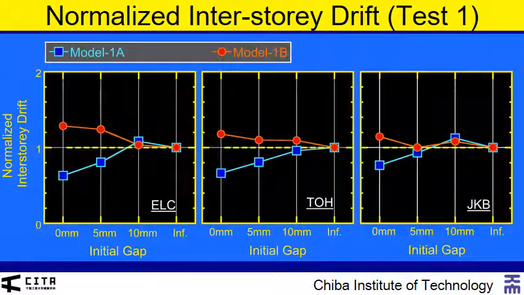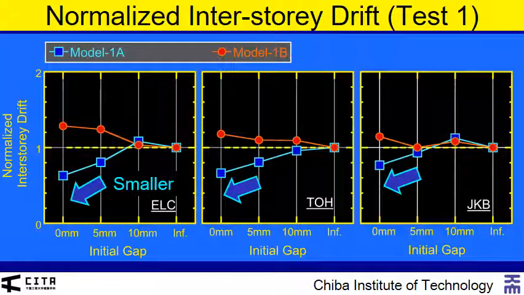This figure shows a normalized inter-storey drift in test 1. The normalized inter-storey drift is defined as a ratio of the peak inter-storey drift with pounding divided by that without pounding. As you see, the normalized drift of Model 1A is smaller than 1 in most cases. The normalized drift is smaller as the gap is smaller.